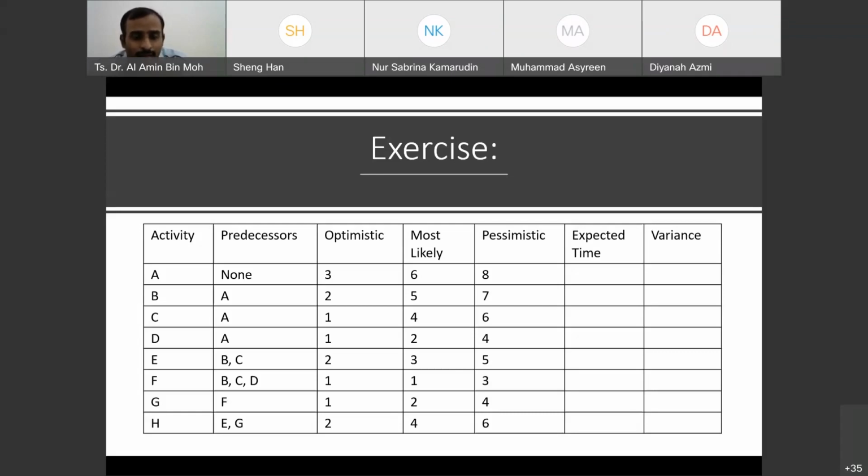Johari is asking, is expected time equal to mean? Yes, expected time is the average time or mean time, the same. This expected time is what we are going to use in constructing the PERT diagram.